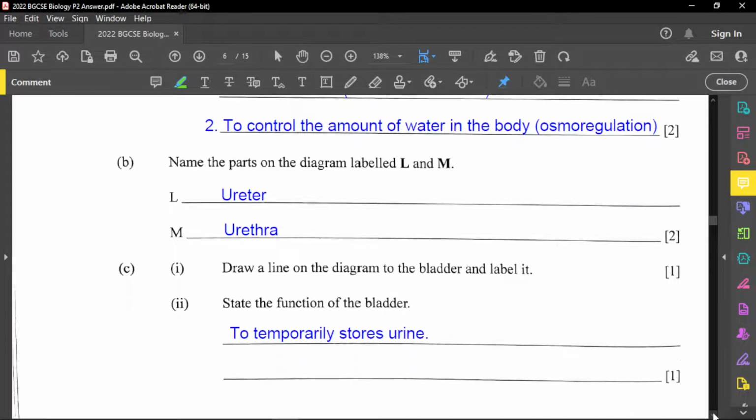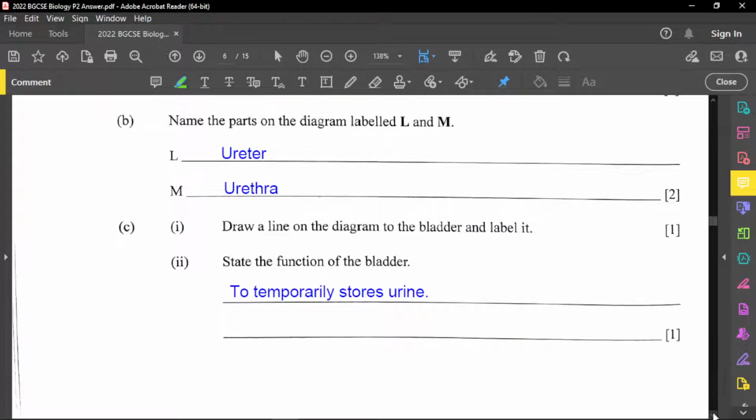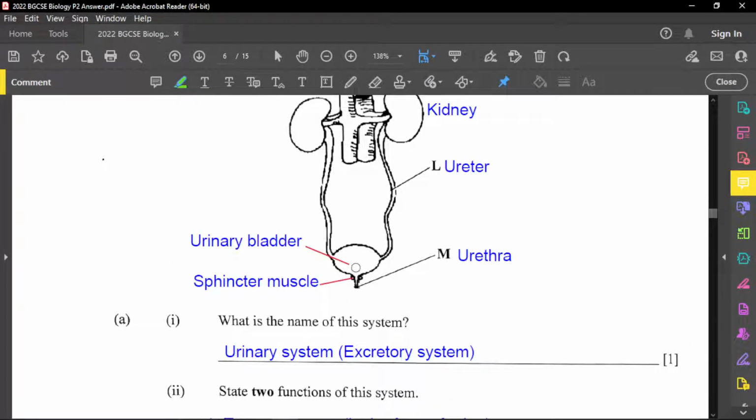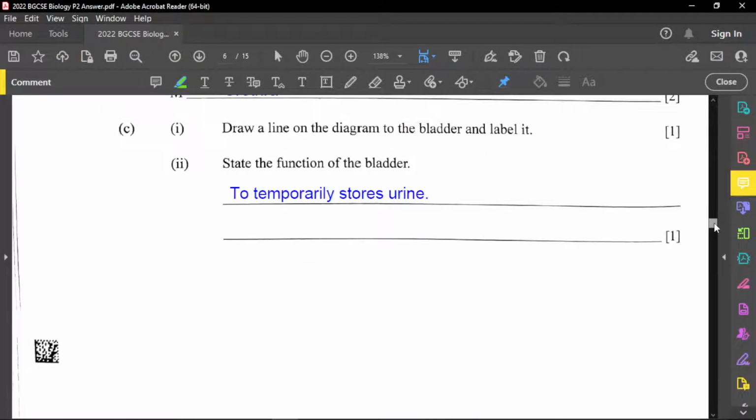All right, so next part here, part C, draw a line on the diagram to the bladder and label it, and I already did that, so we don't need to go back. Well, let me just quickly go back to it. So the urinary bladder is here, which was labeled, and then it said to state the function of the bladder, and the function of the bladder is it temporarily stores urine.